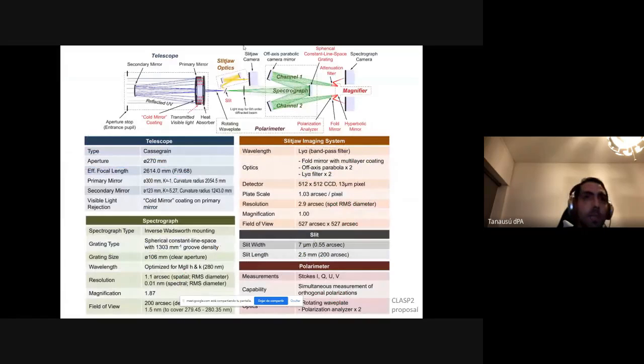So the instrument had a Cassegrain telescope of 27 centimeters of aperture, then the rotating waveplate, that is what caused the modulation of the radiation, and then we had the slit. The radiation that doesn't go through the slit goes to the slit-jaw optics, that because it's the same as in CLASP1, it measures Lyman alpha, and the radiation that goes through the slit goes to the grating.